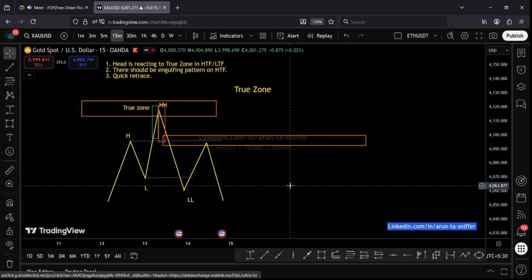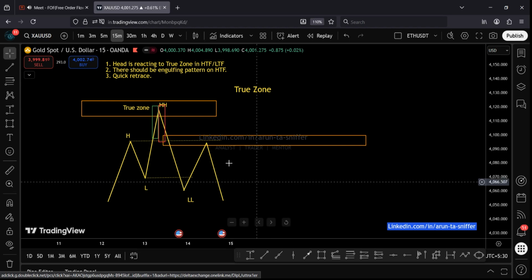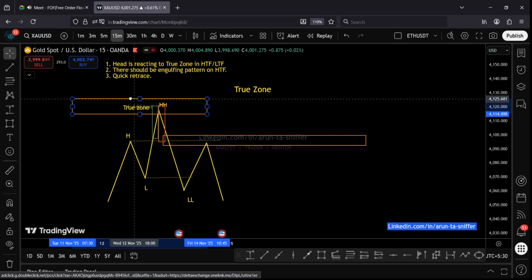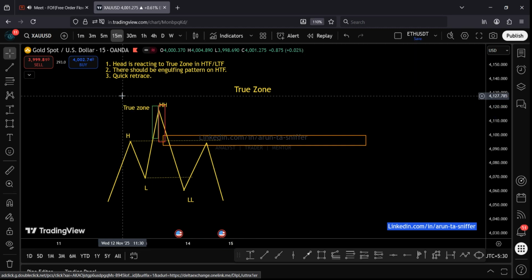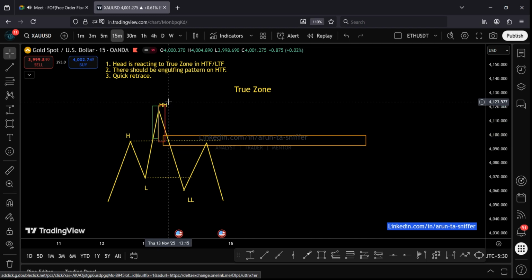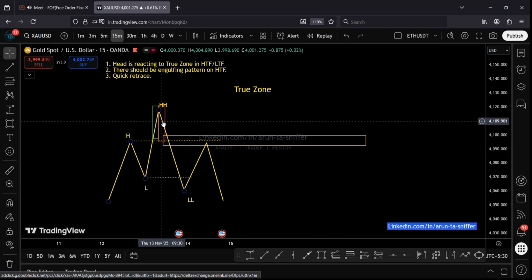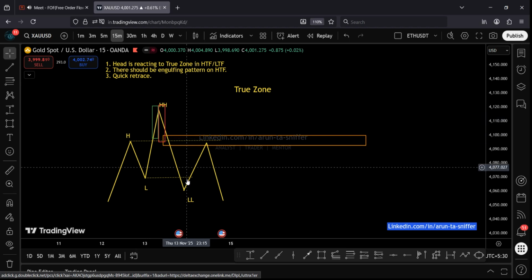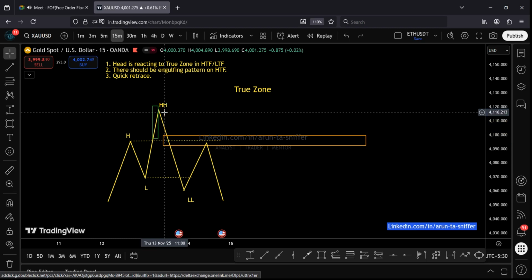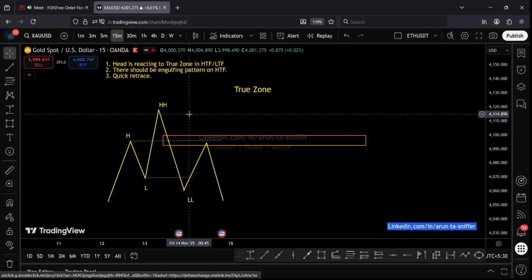But what happens if there was no true zone here, or we don't have any data from the past, or there was no engulfing pattern here, right?